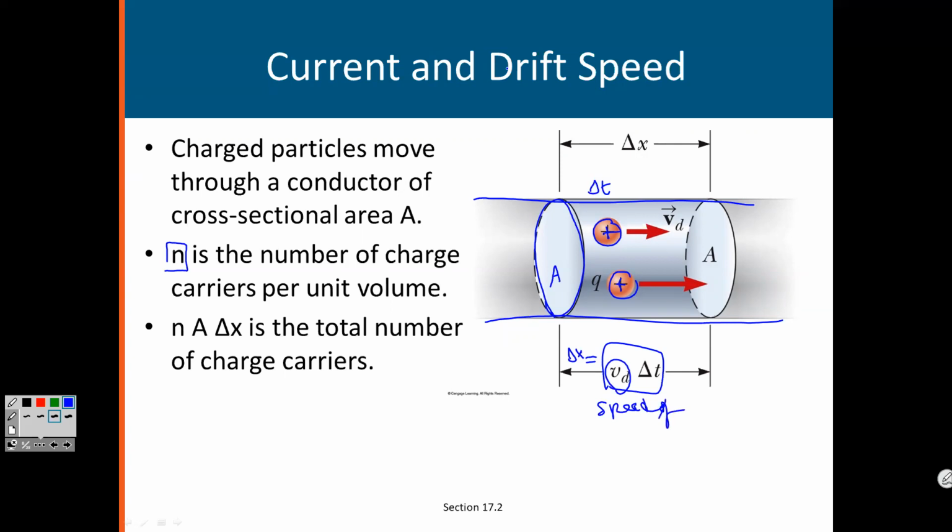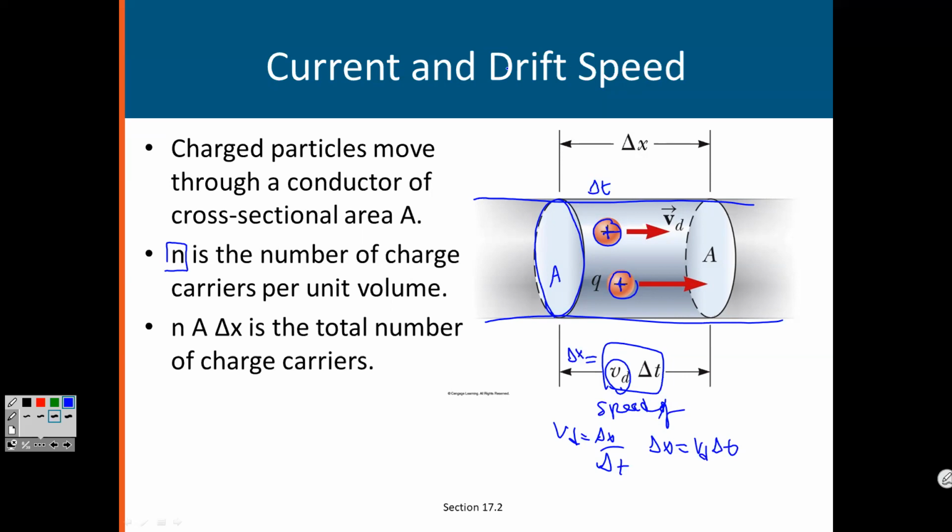What is the definition of speed? Suppose there's a constant speed, the average speed is equal to distance divided by time. So Vd is equal to distance divided by time. So I can say delta x is equal to the average speed multiplied by the time taken.